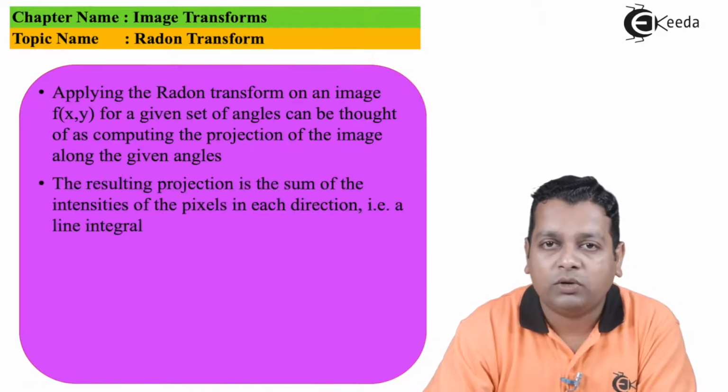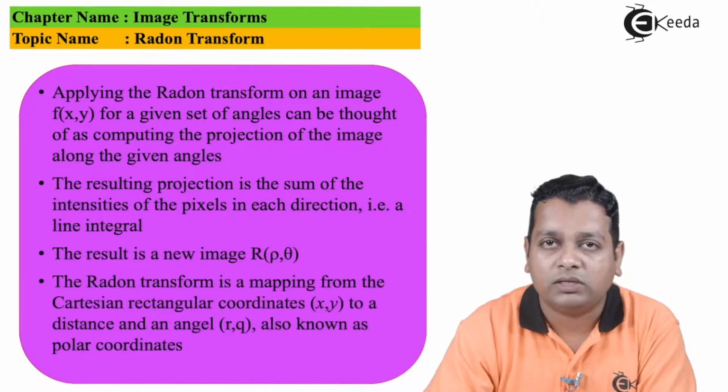So applying this particular Radon transform onto the image, generally we represent it as f of x y. Sometimes we have represented the image as f of m n also. For the given set of angles, working with this Radon transform can be thought of as computing the projection of the image along the given angles. So it is actually a switch from one type of representation to another type of representation.